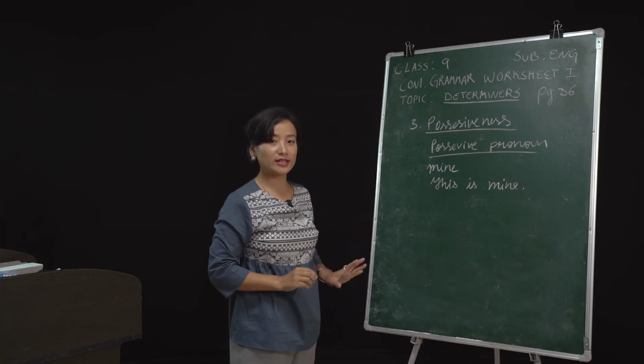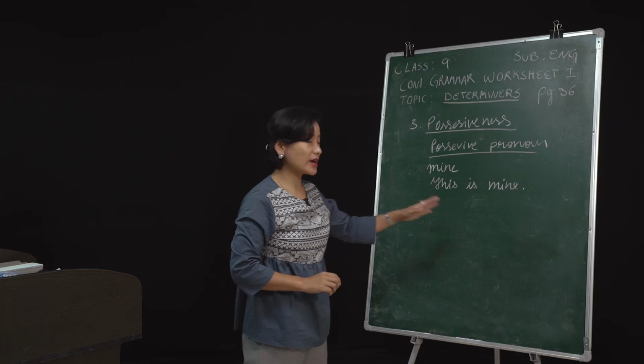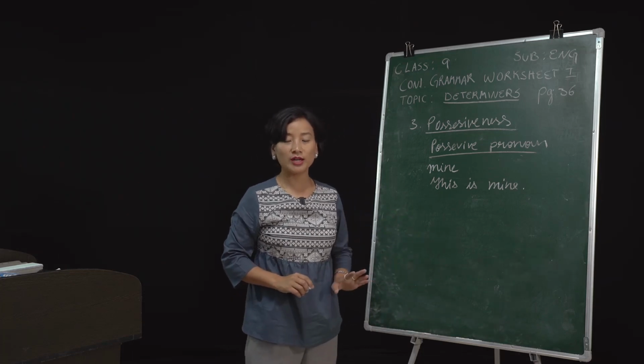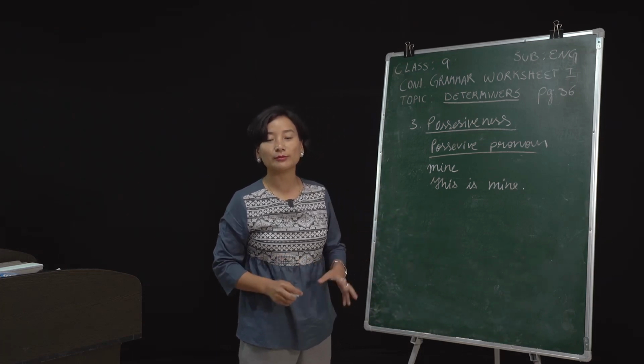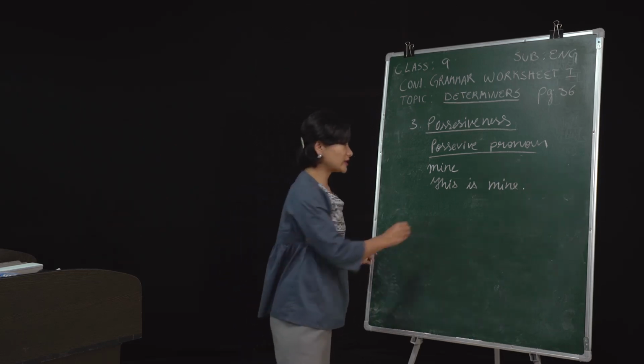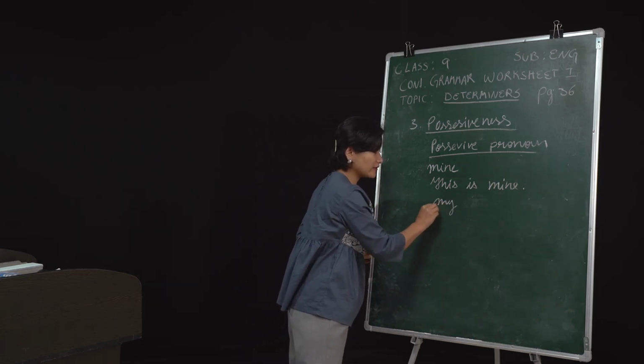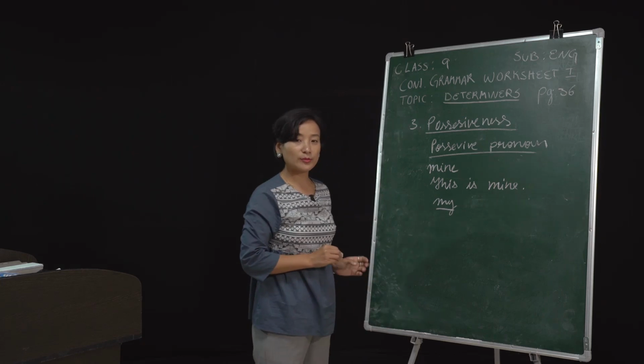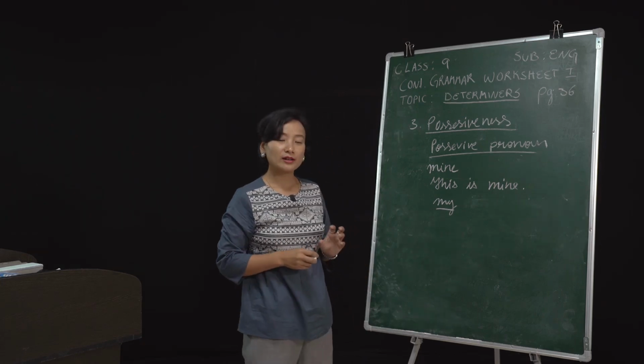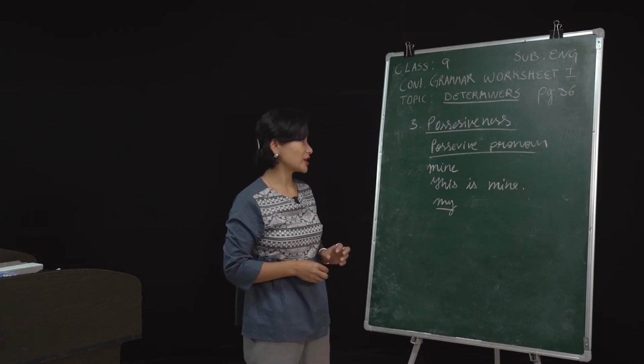This is mine, that is yours, that will do. You do not need to add my 1, my 2, and so on, all right? If you say my here, that's a different matter. I hope you will be able to clarify and make that correction.